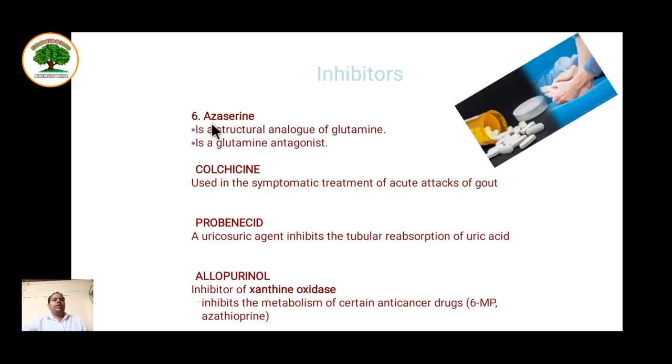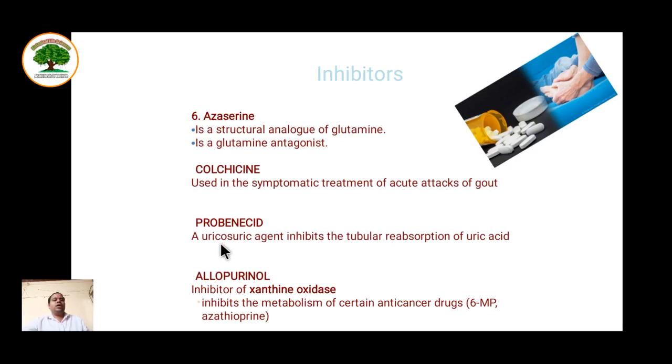The next inhibitory drug is azaserine. It is a structural analog of glutamine and a glutamine antagonist, meaning in place of glutamine it will go and attach at the nucleotide synthesis and it will hamper the synthesis. Next is colchicine. It is used in symptomatic treatment of acute attack of gout.